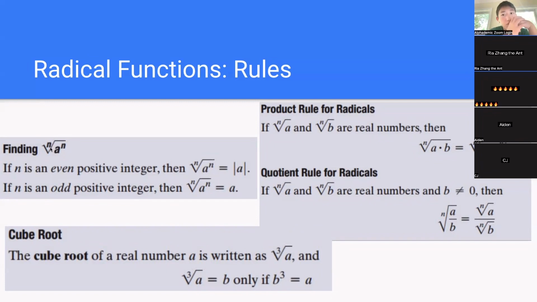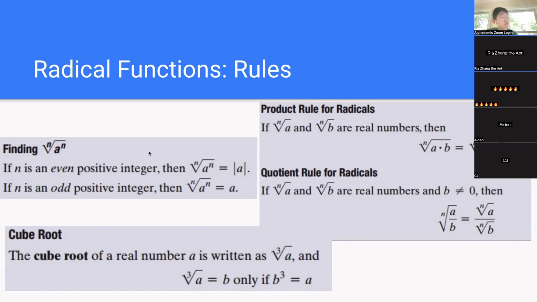This is because when we've dealt with powers, when you have any number that is in even power, the number always comes out to positive, right? If it's like -3 squared, it comes out to 9. Whereas if it is an odd power, like for example, -3 to the third, that's -27. So that's just why for an odd positive integer, it is just the number itself, whereas for an even integer, it is the absolute value of a.